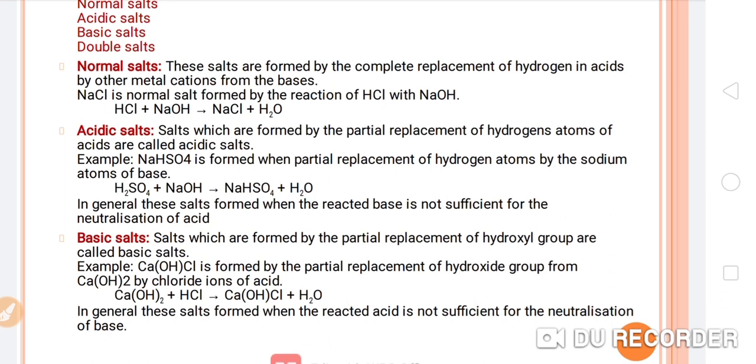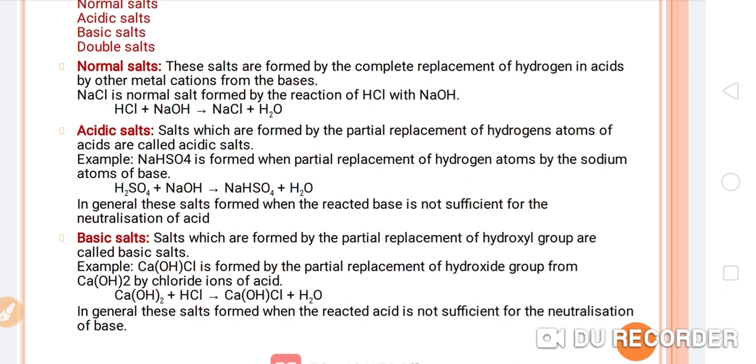Here when you dissolve this salt inside the water, you will get Na positive, H positive and sulfate 2 negative. Due to this H positive, this will be the acidic salt, because when H positive forms, this will be the acid. And when OH negative forms, that will be the basic, which we have already discussed.